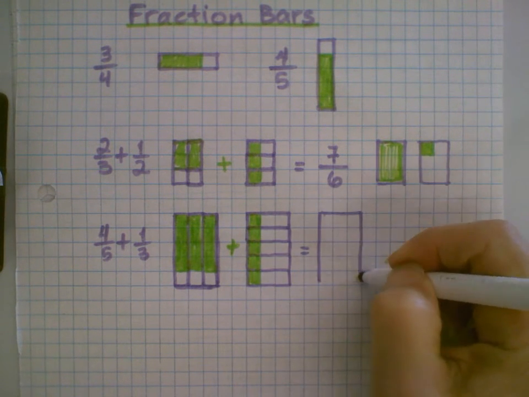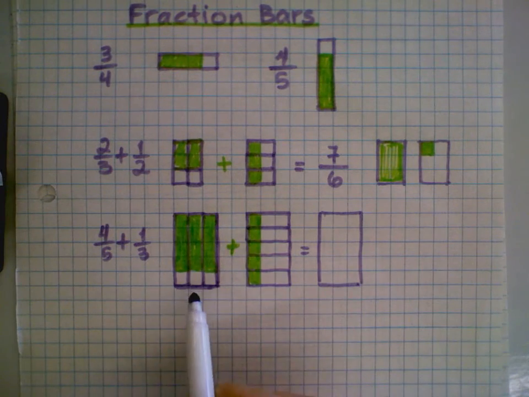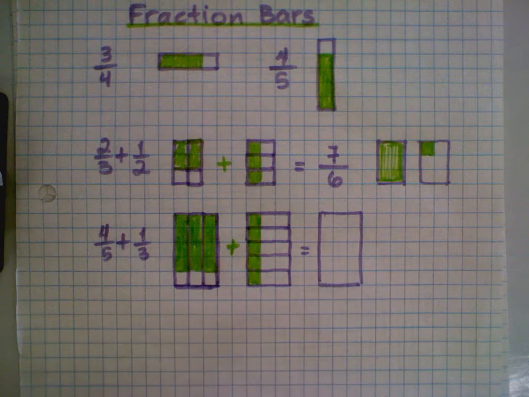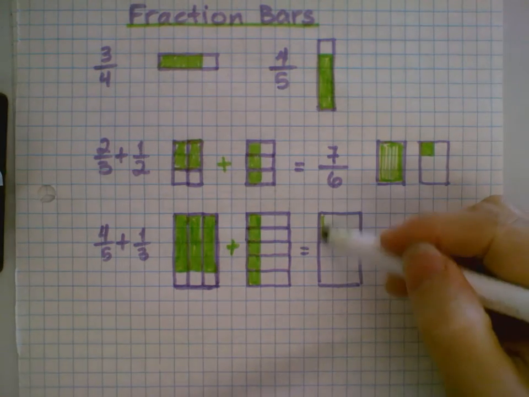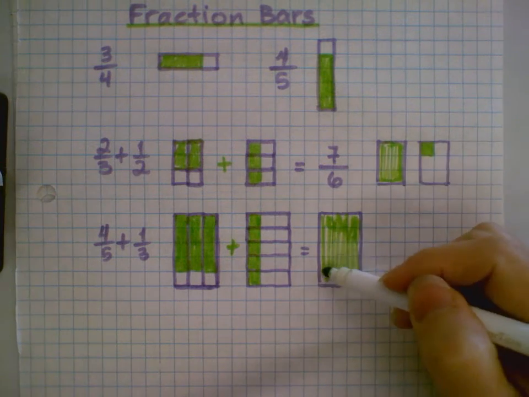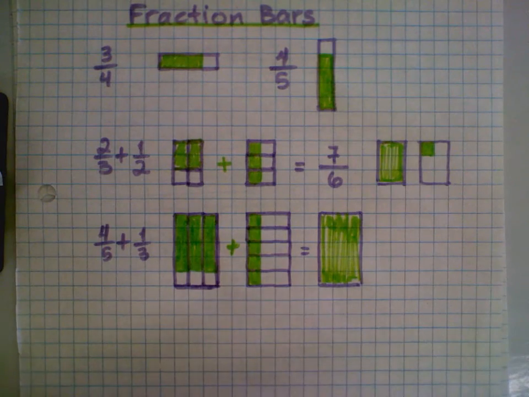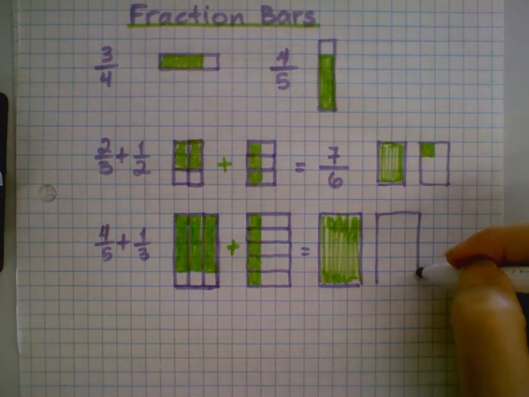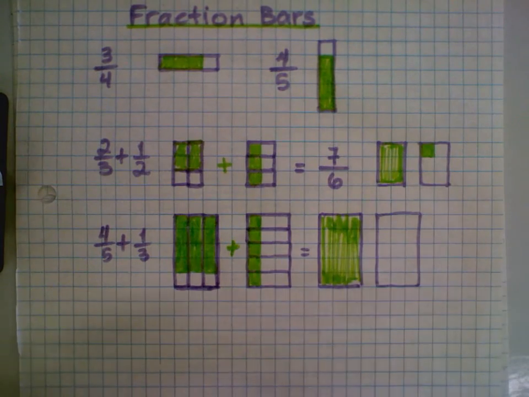If I redistribute, I'm going to have one of those 3/5s full. Completely colored. And out of the second 3/5 rectangle, I will have only 2 left.